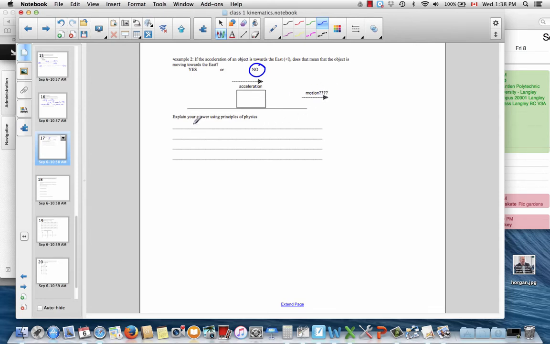For instance, what if the object was moving in the westward direction and it was slowing down? Now, we're going to see shortly that if it's going west and slowing down, these two things together imply the acceleration is east.